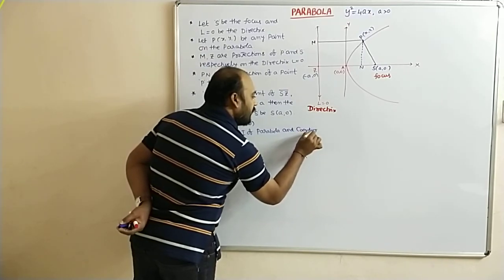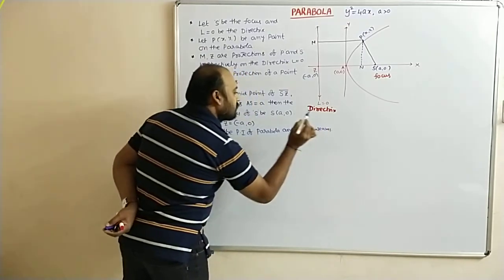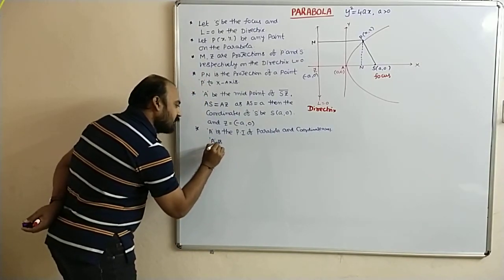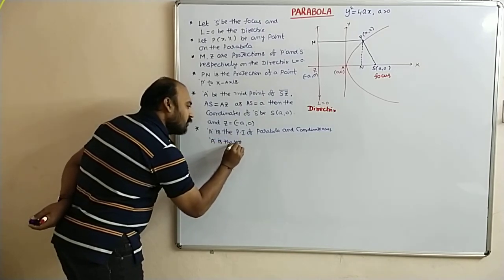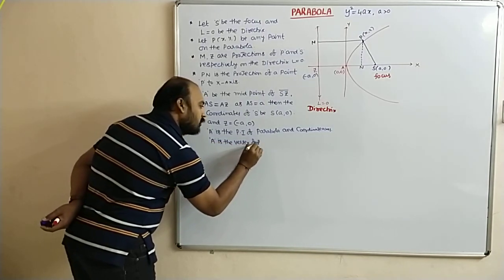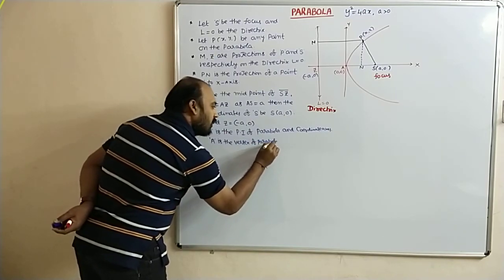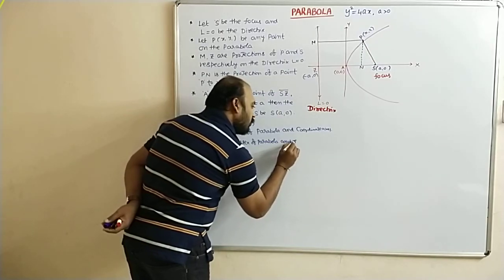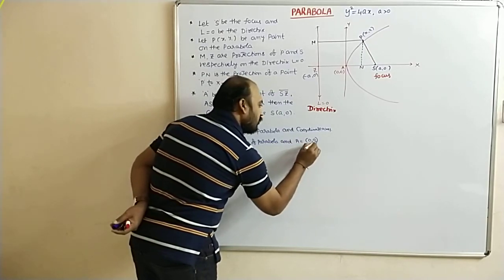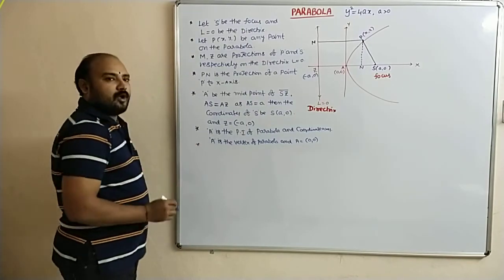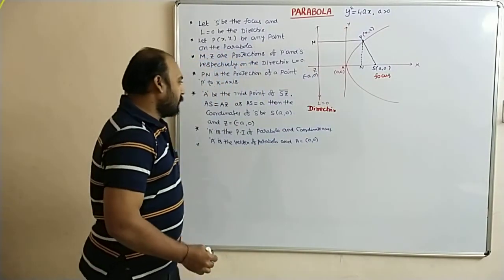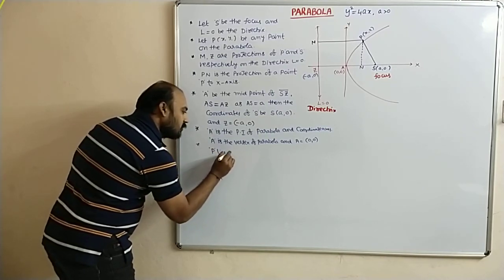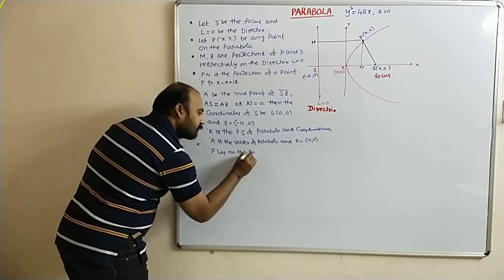A is the vertex of the parabola, whose coordinates are 0 comma 0. After that, P lies on the parabola.